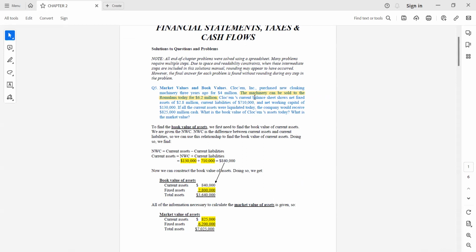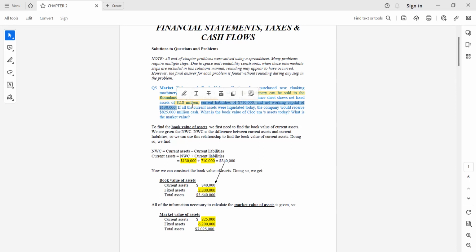Cochlear's current balance sheet shows net fixed assets of 2.8 million. What value is this? Book value. Current liabilities of 710,000 and net working capital of 130,000. They do not provide you the current asset, so we have to calculate it later on.